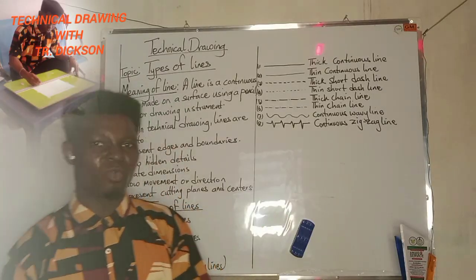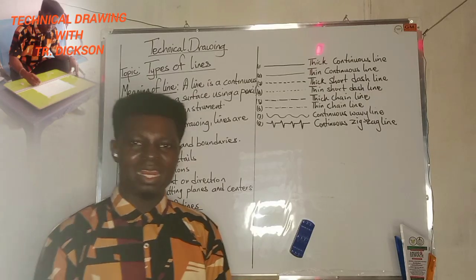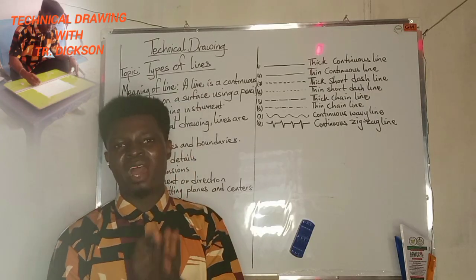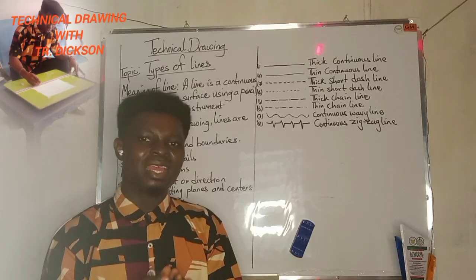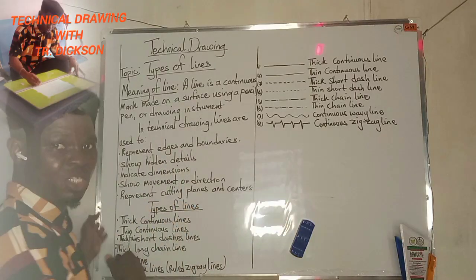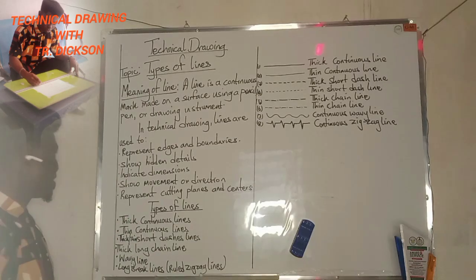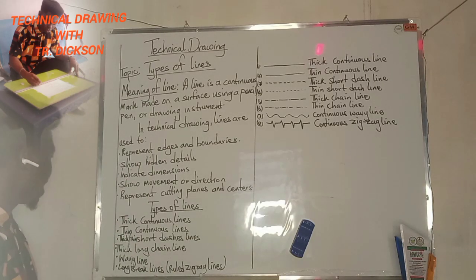For example, we have parallel lines, perpendicular lines, curved lines, spiral lines, and so on. But we want to be specific in this area, talking about these 6, I believe. Okay, so let's quickly consider them.